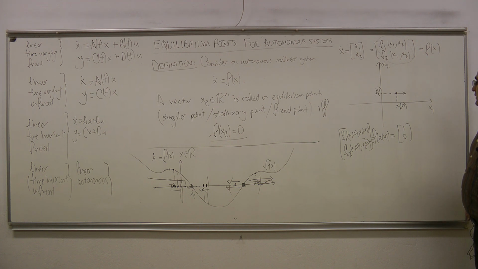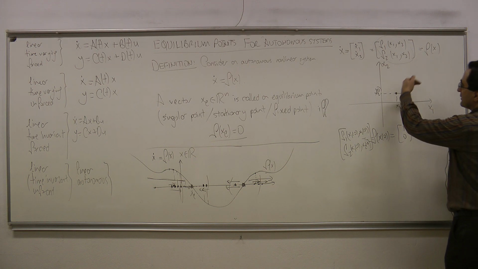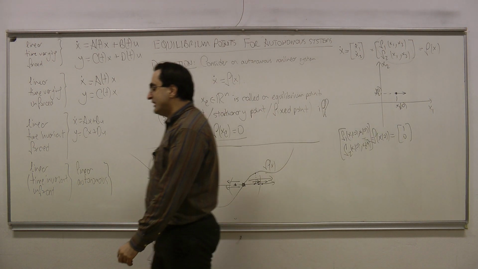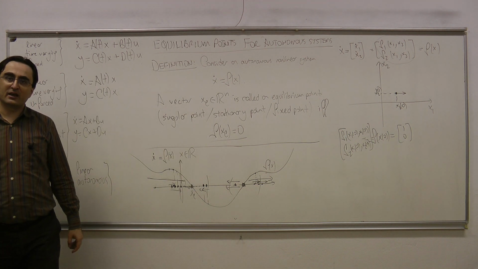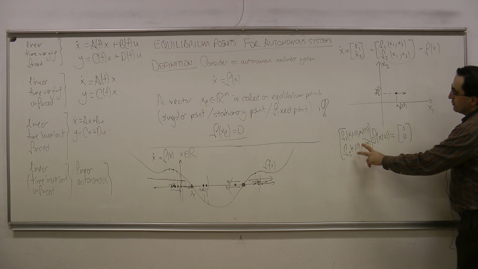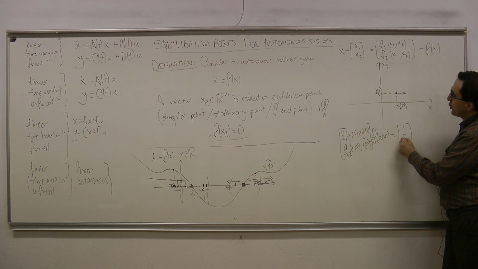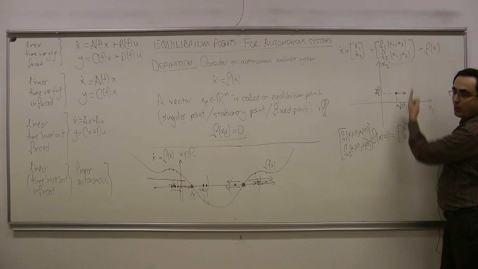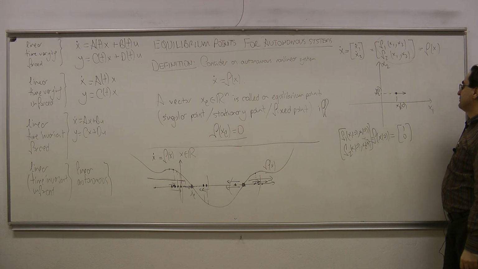So you see that this 1, 0 is nothing but the velocity vector of the state at a point in the state space. If these values turned out to be 0, 1, then the state would move upwards.